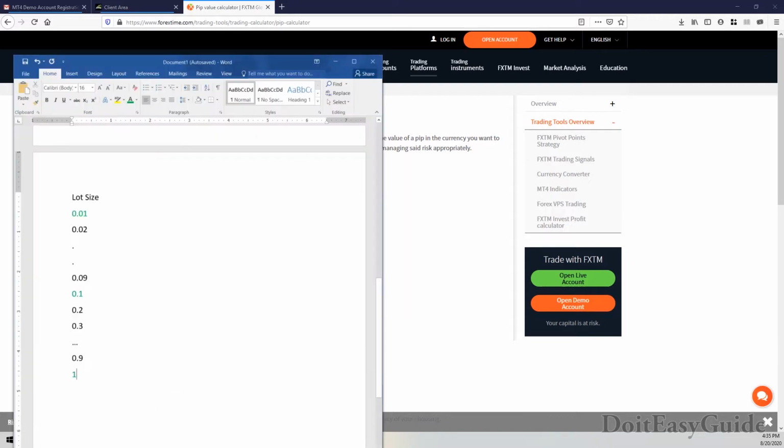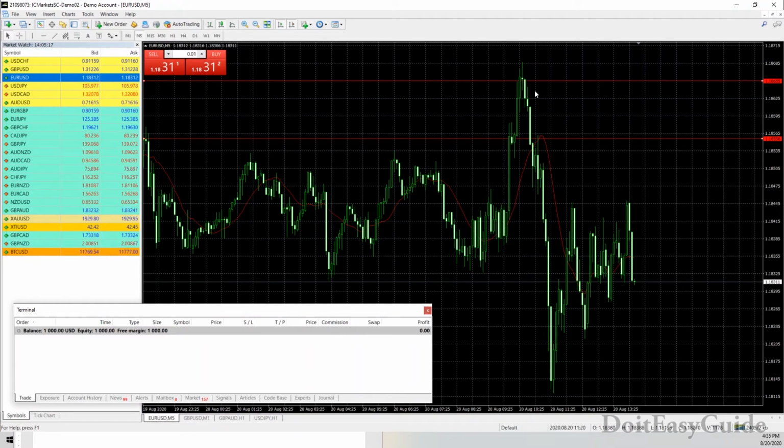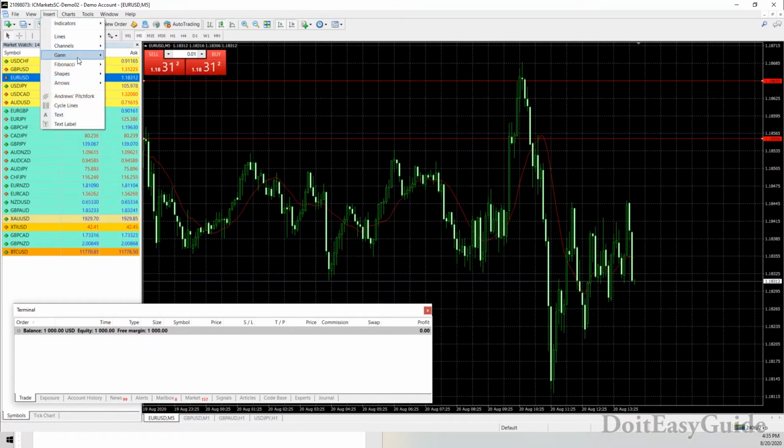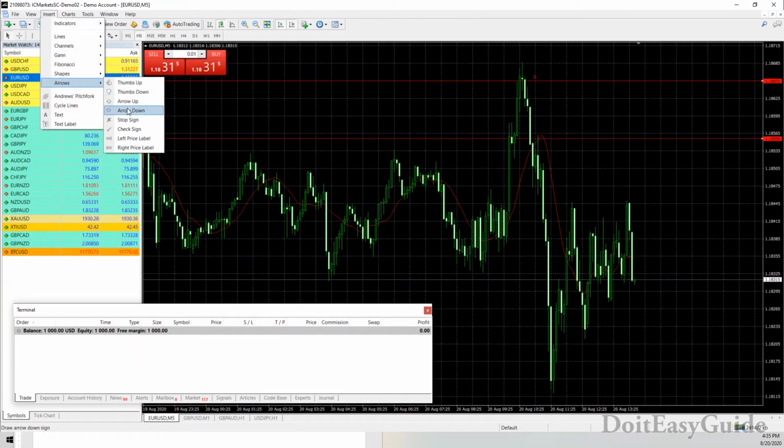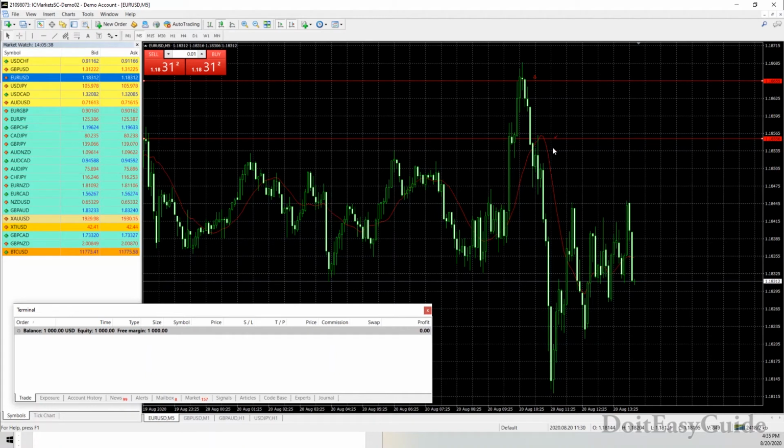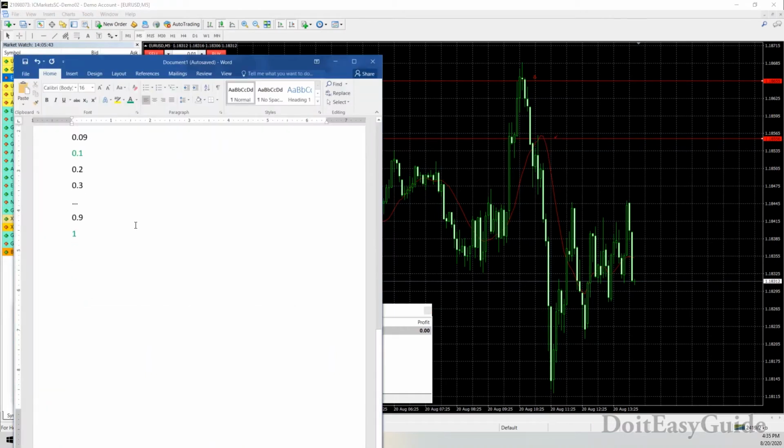So if we sell from here and we take profit from here, that means 0.01.